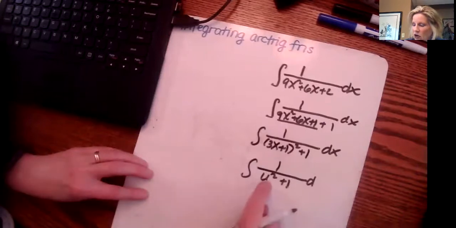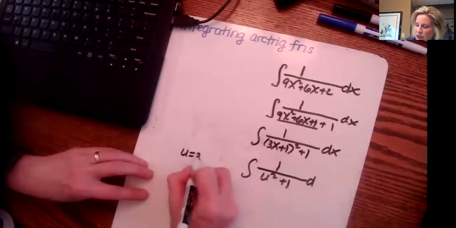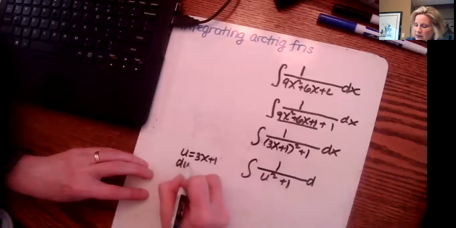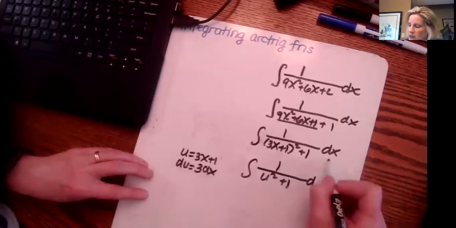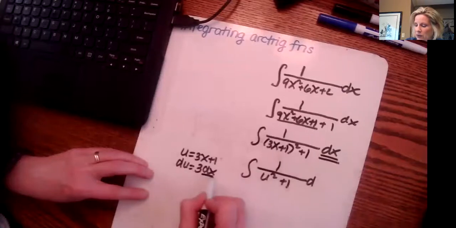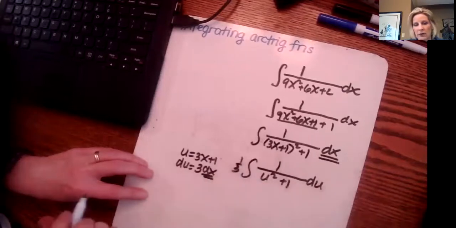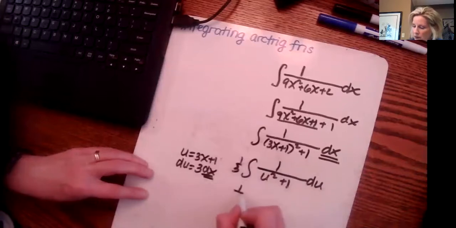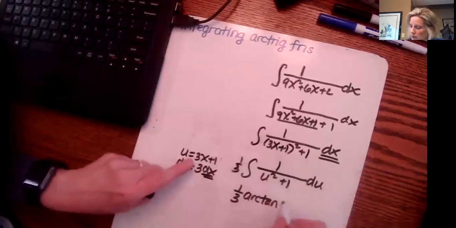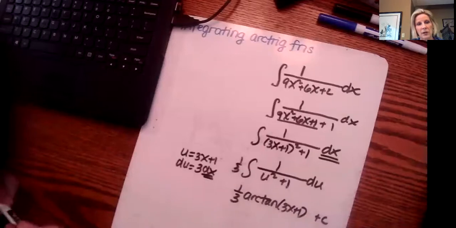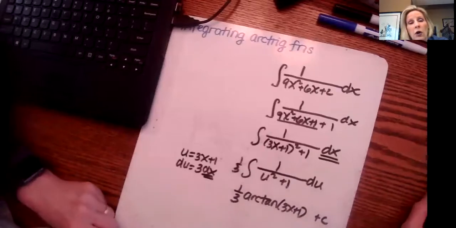So we just saw that in this case, u would be 3x plus 1, du is 3dx, so this dx needs to get replaced with 1/3 du. That's an extremely hard problem. And so, of course, now I've got arctangent u plus c. Okay, so those are your arc trig problems.